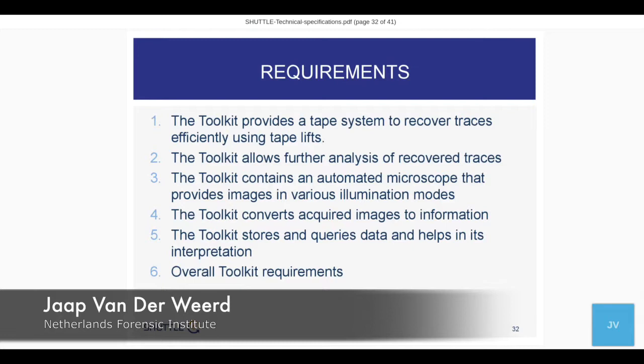The queries and the storage should be such that it really helps the forensic laboratory. And of course, there are always things that cannot be easily put into one of these categories. So we made an extra, the 6th one, the overall shuttle toolkit requirements, with some additional things. So these are the main things for the requirements.